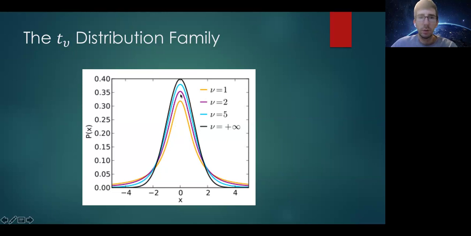This gold orangish t-distribution, and you can see that the gold tail is the highest out of all of these. So this is what we mean when we say that the t-distributions have more data in their tails compared to the normal distribution.